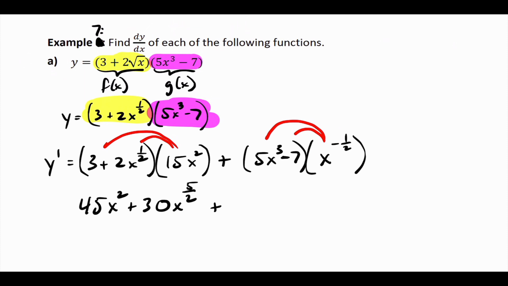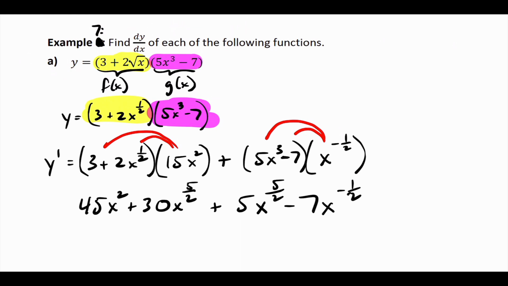And then the other guy, 5x, if I add 3 plus 1/2, I get 2 1/2, which is again 5/2, minus 7x to the negative 1/2 when I do distributive property.